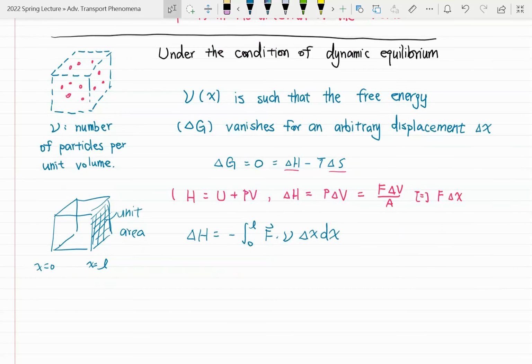Now let's take a look at how we define, from a statistical thermodynamic point of view, the delta S term. Okay.